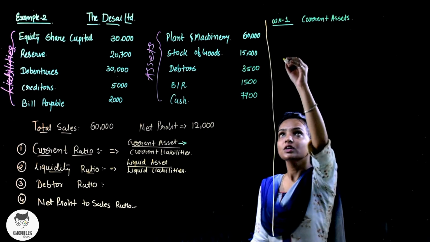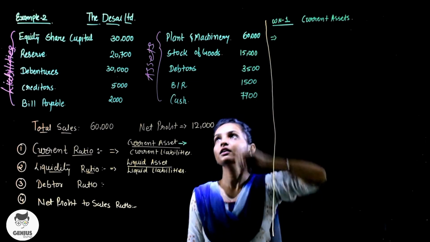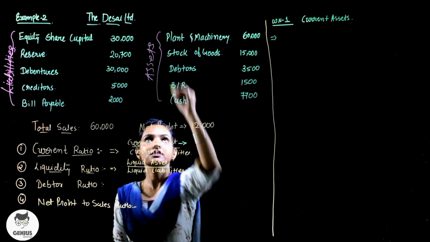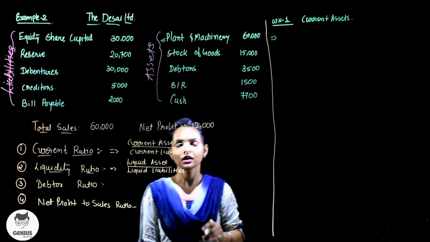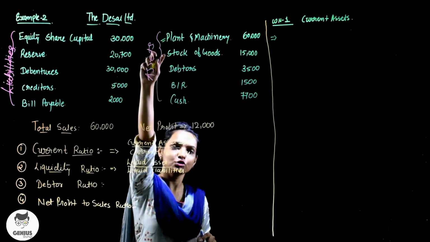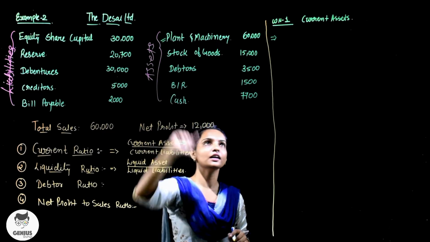Which types of current assets are included? On the asset side, this is your fixed asset. And current assets start from stock, debtors, BR and cash.